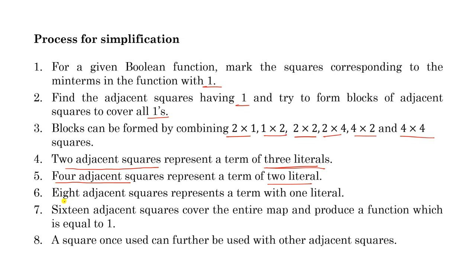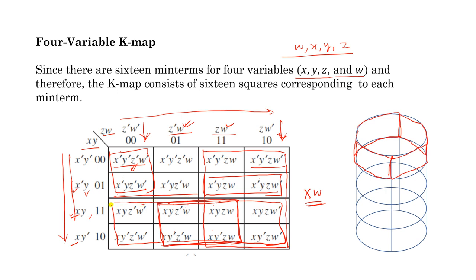Now 8 adjacent squares. 8 adjacent squares give a term with one literal. 8 adjacent squares means this. Consider this block. If you check the corresponding terms, only x is the same, and no other particular literal is the same in all these squares.